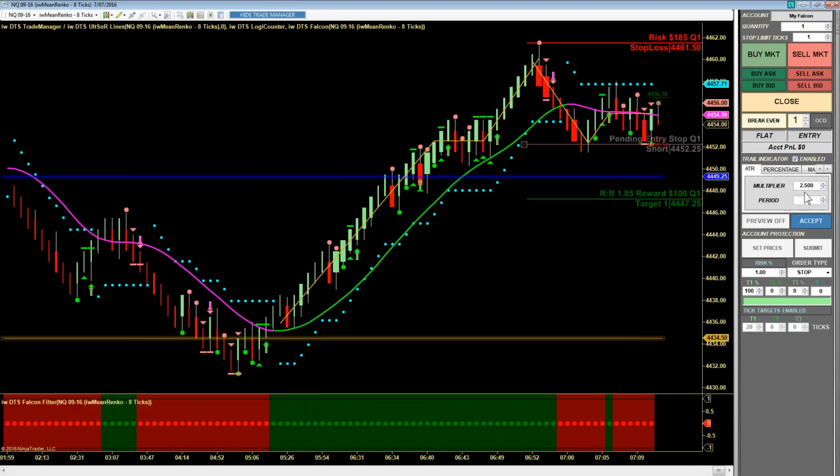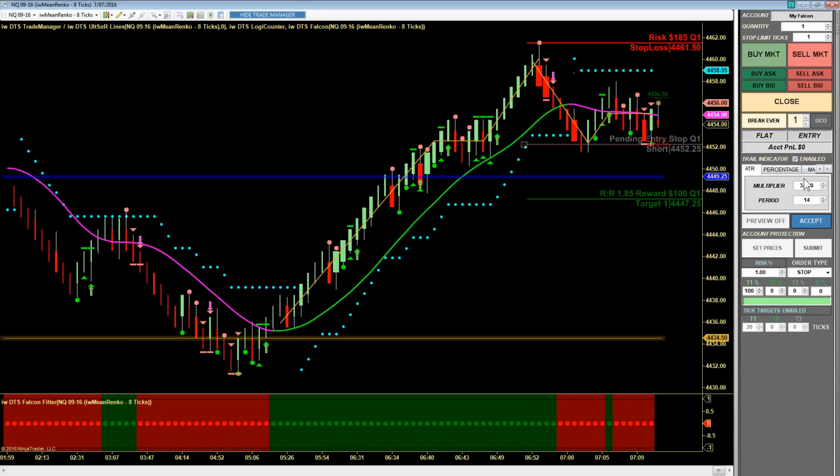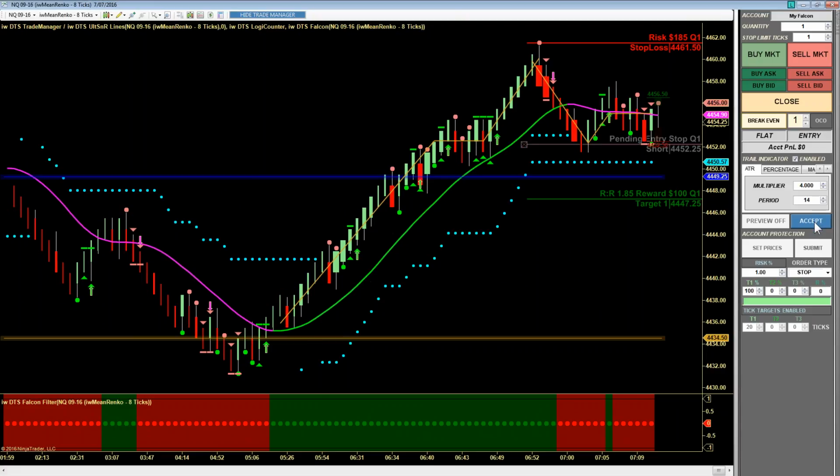I don't like crowding my stops very much, so I'll go to 3. Sometimes if I think the market is very violent and needs a little more room, I'll go to 4. Remember, your stop is only a safety net.